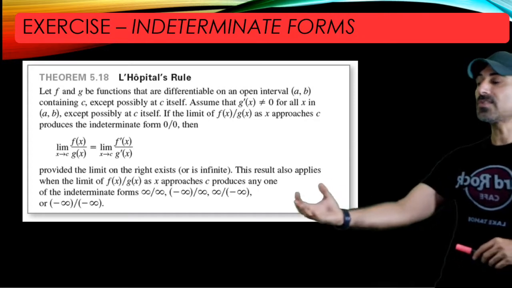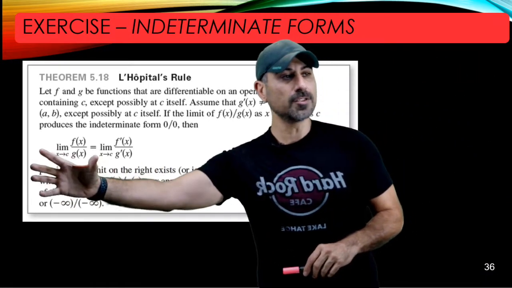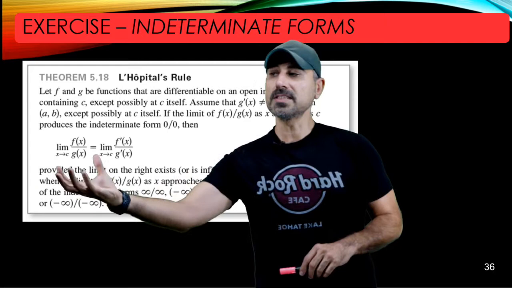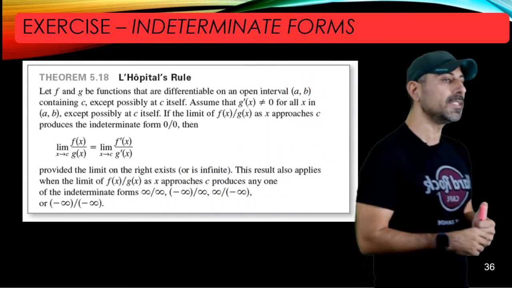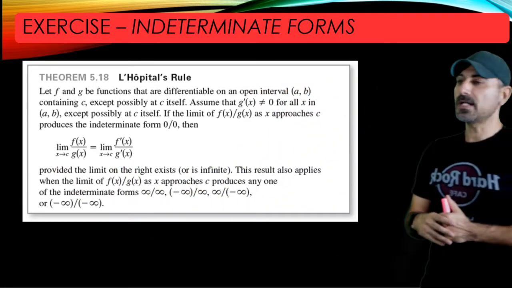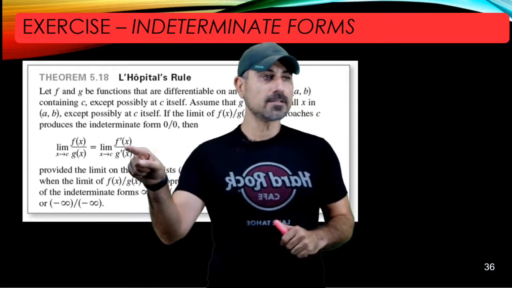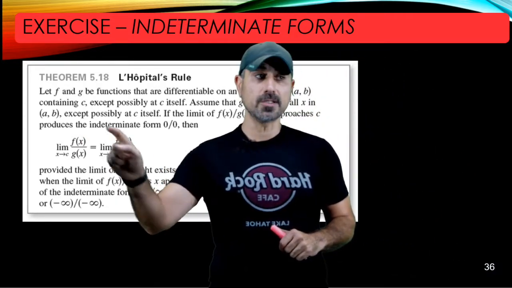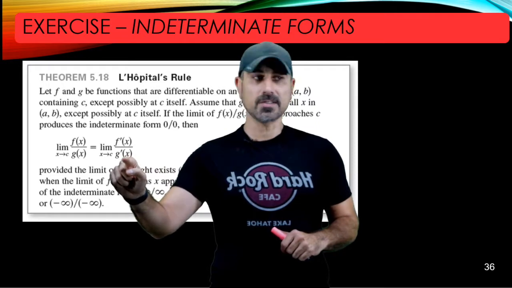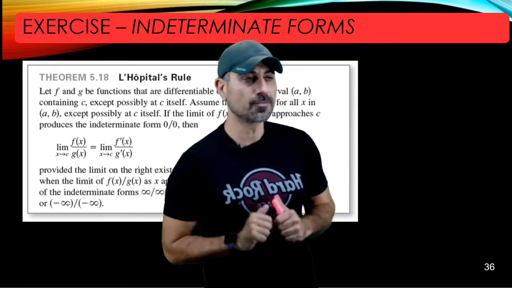So then this limit that spits out a 0 over 0 type indeterminate form is equivalent to the limit of the top divided by bottom, but here as you see, the top is the derivative of this top here, so this is f prime, and this bottom here is the derivative of the bottom g.